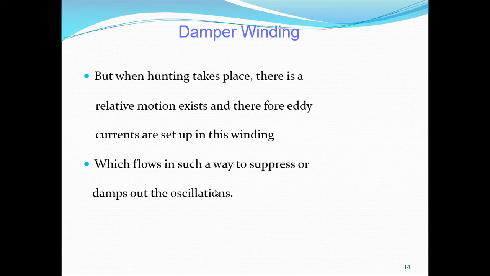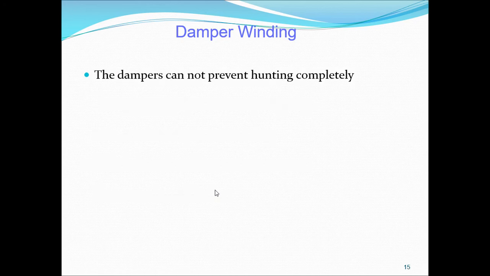When hunting takes place, the oscillated motion of the rotor produces eddy currents in the damper winding, which flow in such a way as to suppress the oscillations. So the current is flowing through this damper winding.